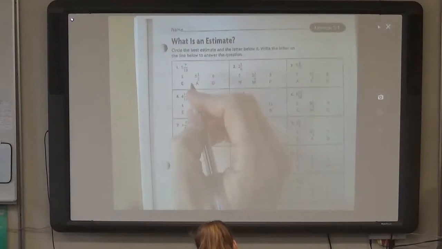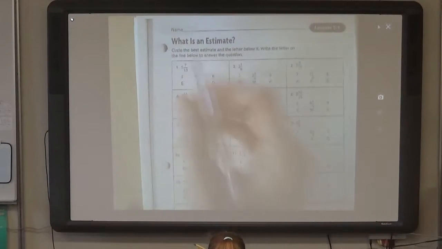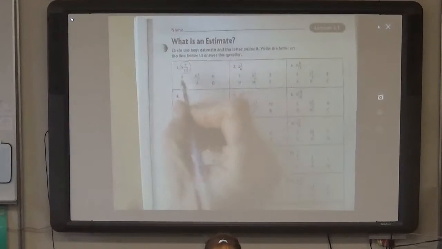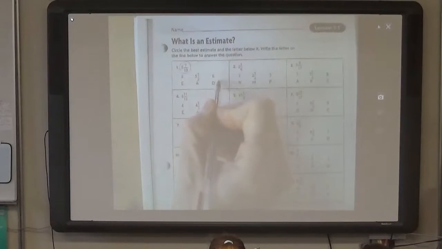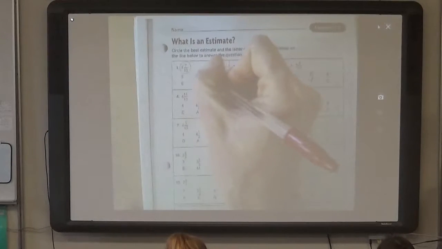Is 7/13 close to a half? Yes. 7/13 is close to a half. So what is the best estimate of this number? Is it 5? Is it 5½? Or is it 6? Since 7/13 is close to a half, then the best estimate is 5½.